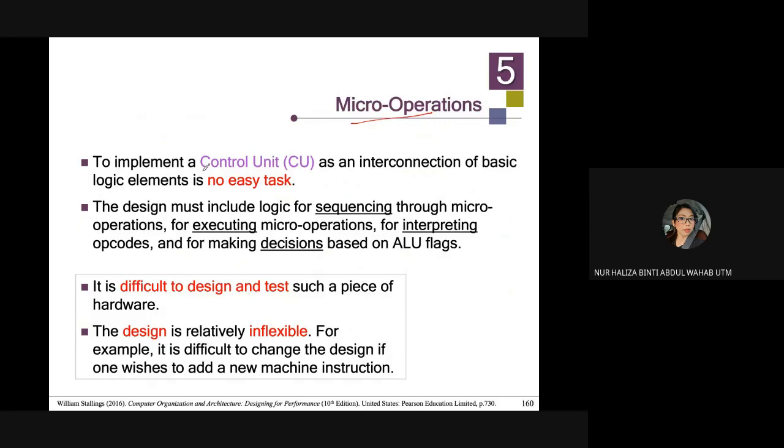To implement a CU as an interconnection of basic elements is not an easy task. So you're going to see there is a problem. It will be a problem for you to implement a hardwired unit, which is difficult to design and test for hardware. The design is relatively inflexible. So all of this is very hard.